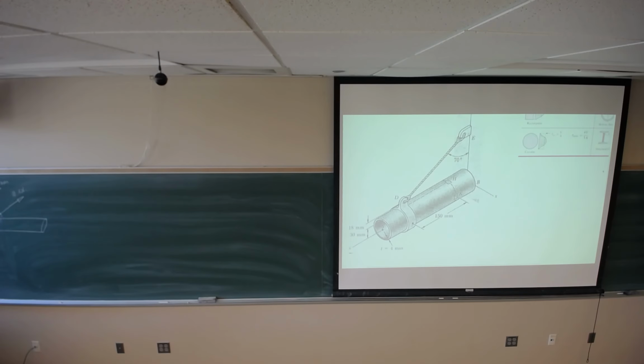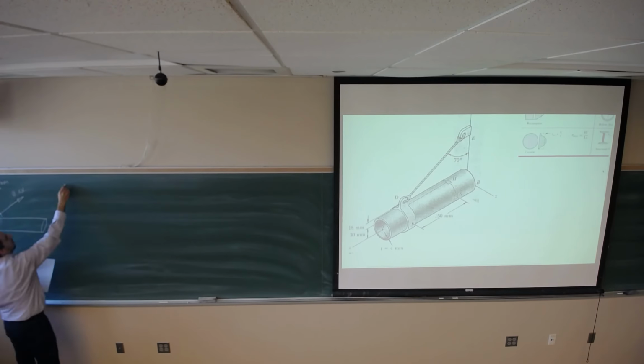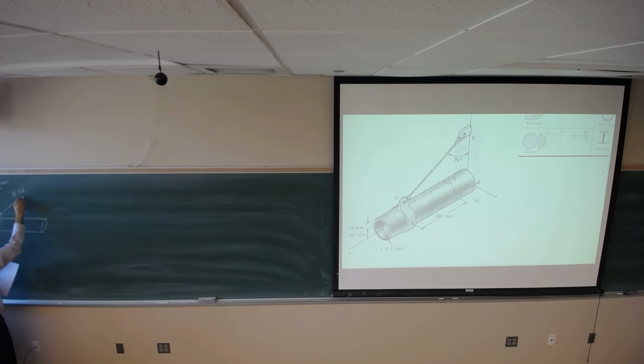So first, I will find the projection of this force in this direction and this direction. This direction is Z, and this direction is Y. So this angle is 70 degrees, so this angle is going to be 20 degrees.